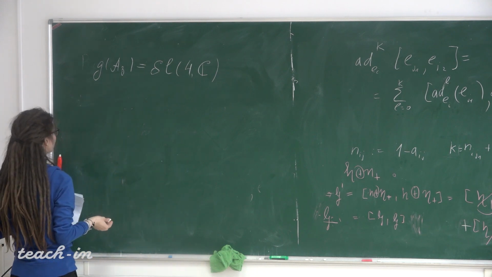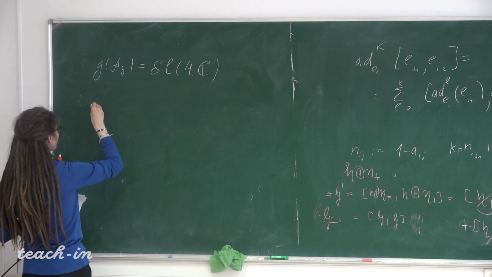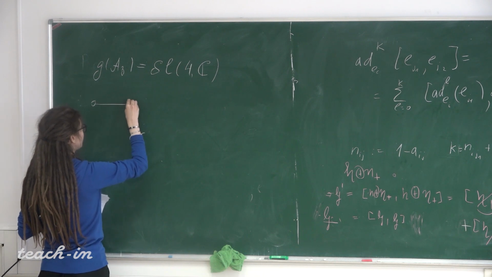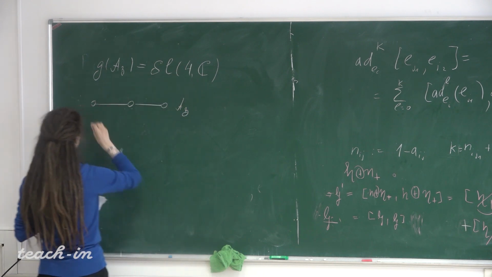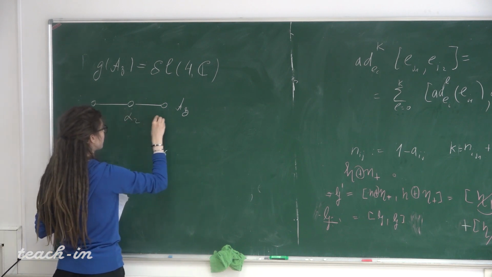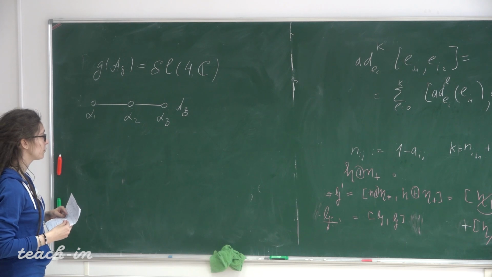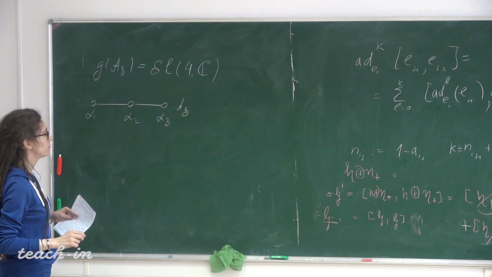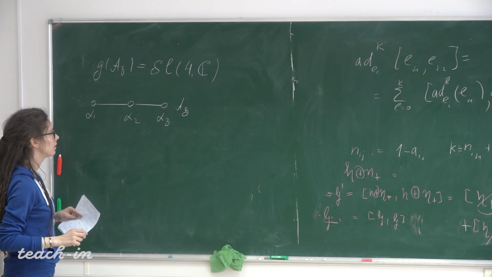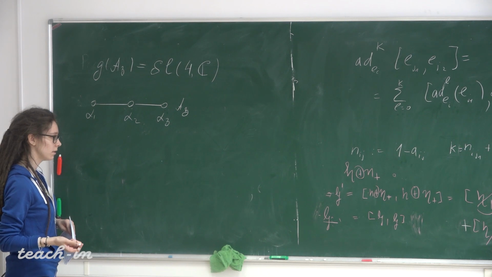First thing that we can start with, just draw a Dynkin diagram. My idea was to find the generators in g of A3 and prove that the commutator relationships satisfy the Serre relations.